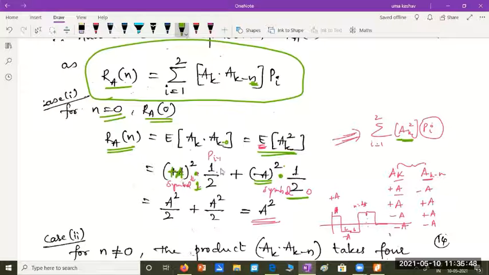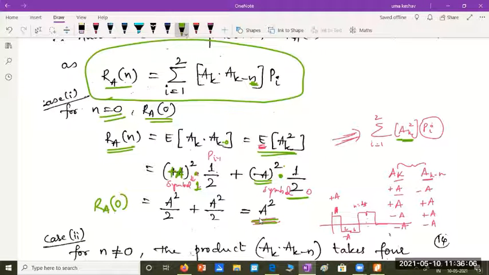So I'll get A square by 2, and minus A the whole square is again plus A square by 2, or in effect this Ra of n for n equal to 0 will be A square.